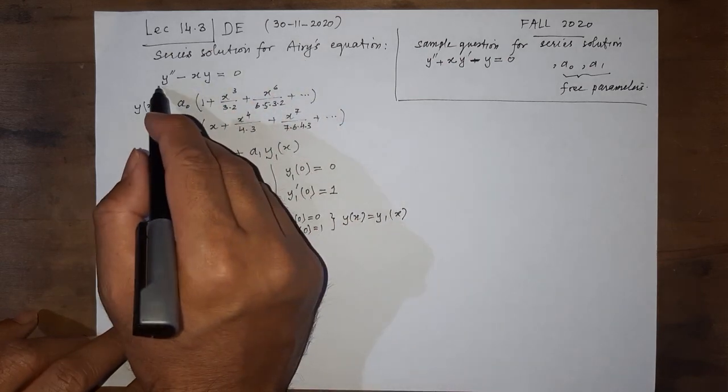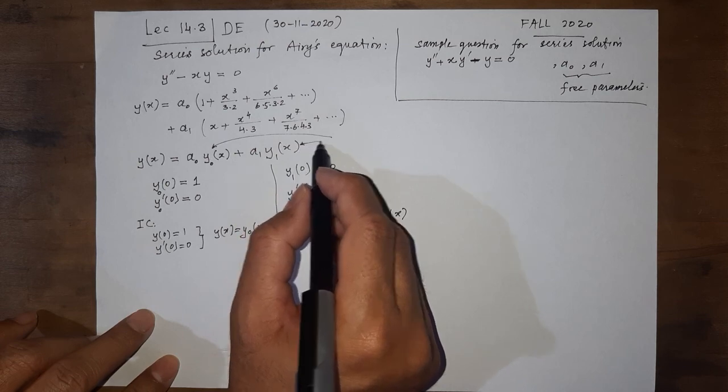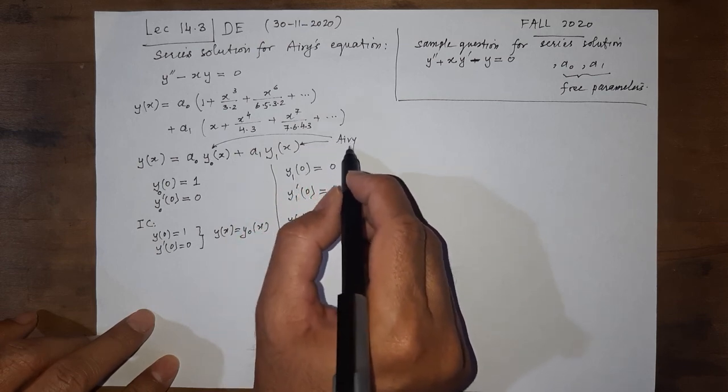This is known as the Airy's equation, and these two are called Airy's functions.